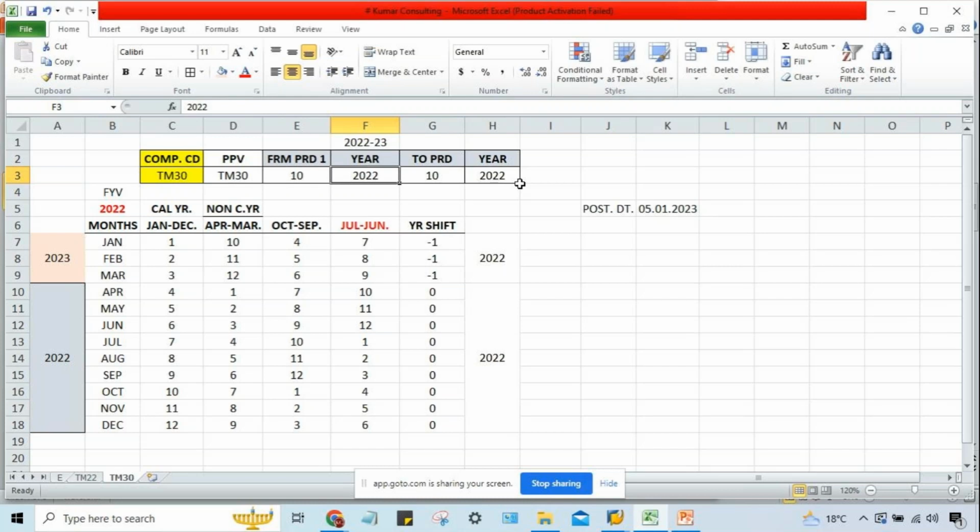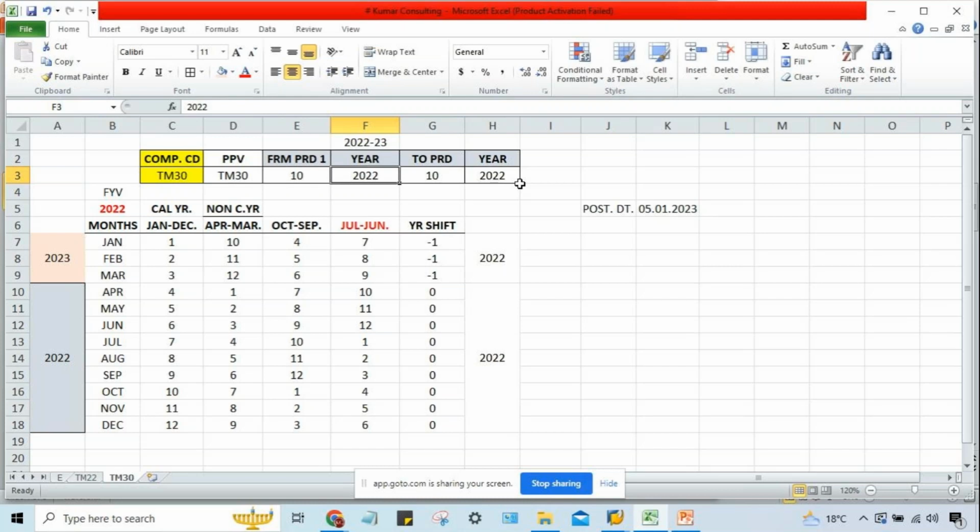We are going to specify the year shift as either -1 or +1. Why? Because you have to quote the example, guys, instead of just saying definitions. If you are using a calendar year, all the transactions are posted as per the calendar year only.